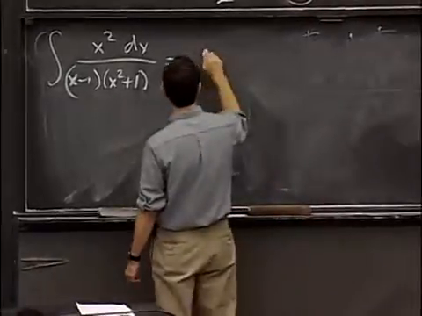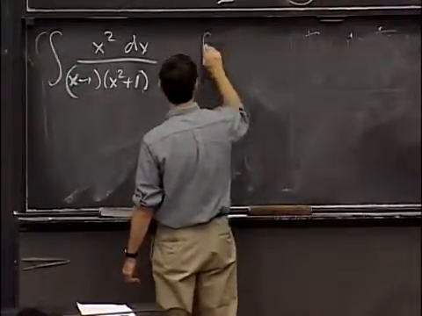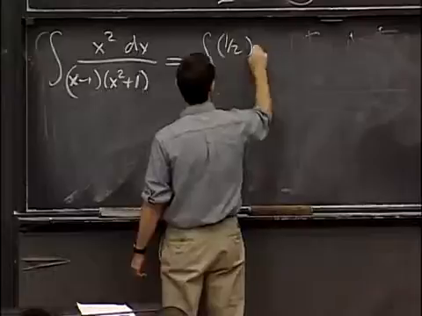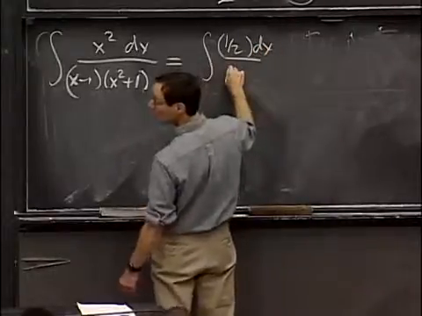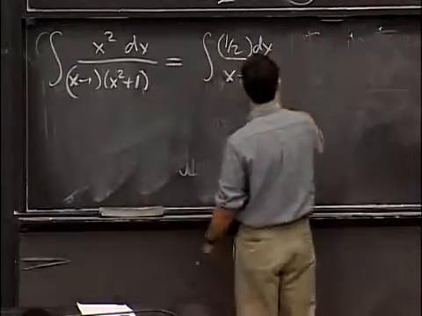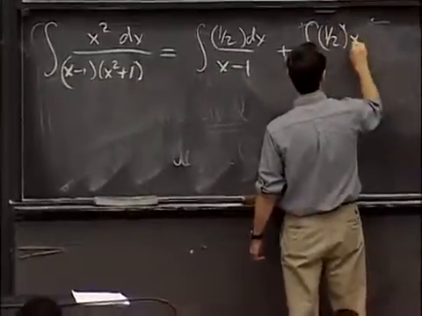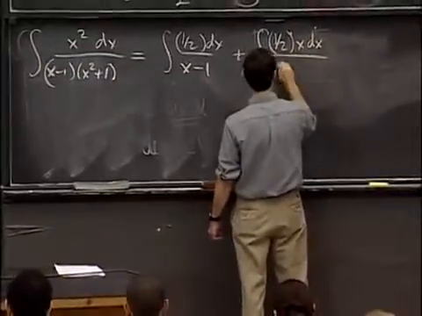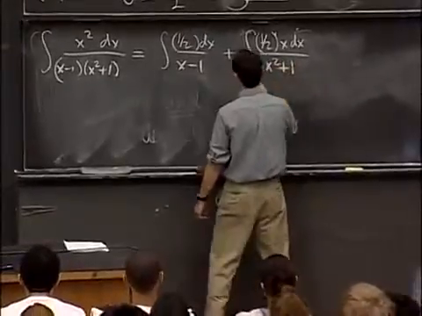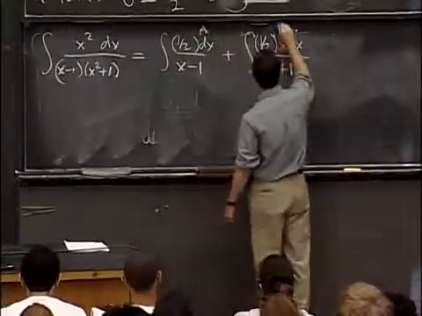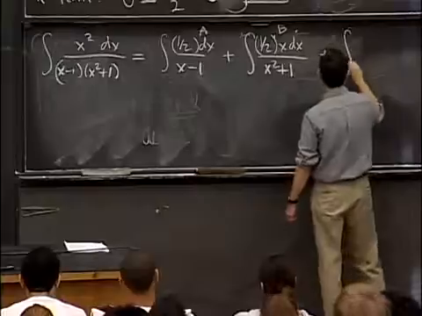So what are the pieces? The pieces are a half over x minus 1 plus a half x over x squared plus 1, right? This is the a term, this is the b term, and then there's the c term.